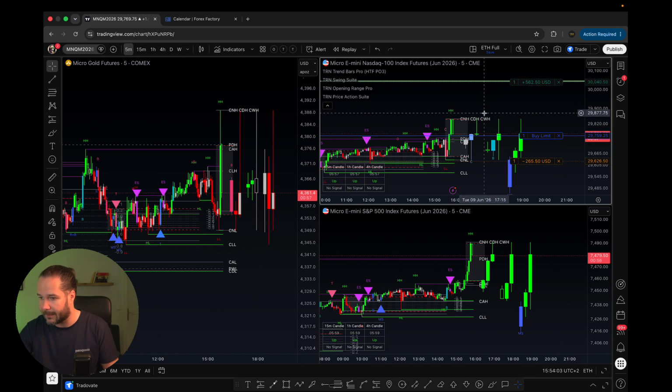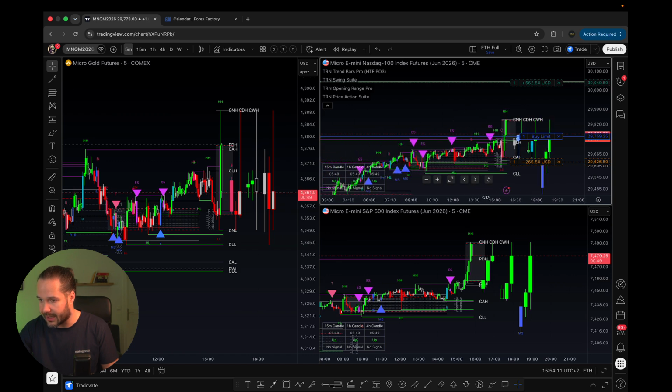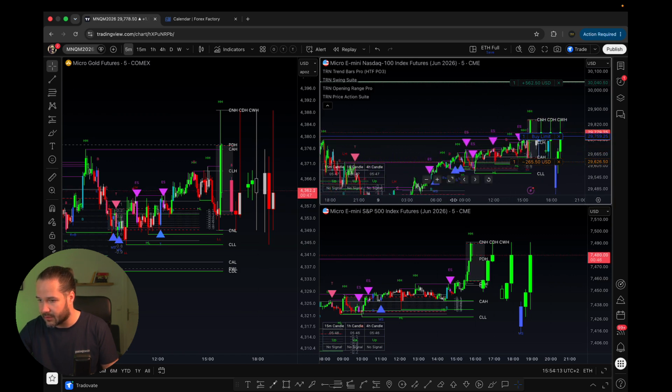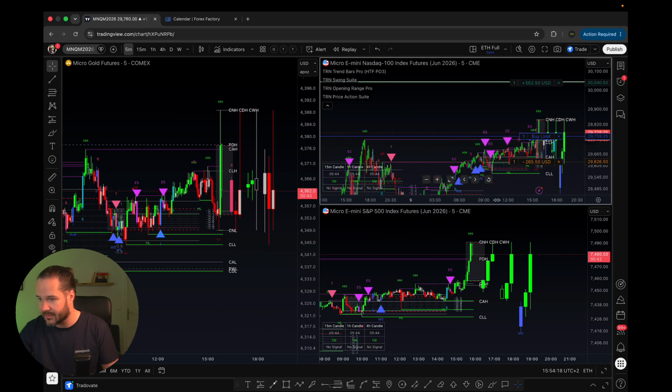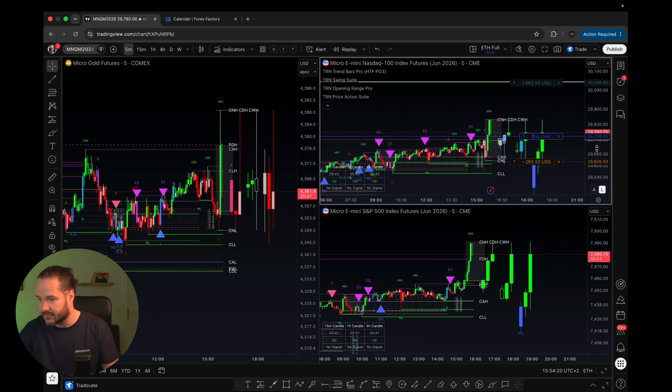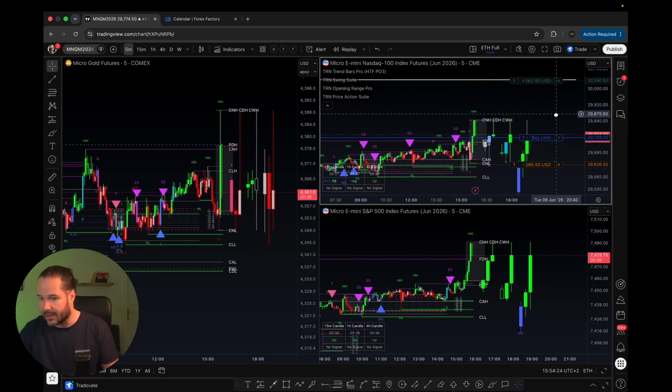Would be completely fine. Because this was a real breakout. Yeah? You can see we closed above all these highs here. And also above this key area, this top right here. So yeah, I think the chance is high that we will continue the uptrend.